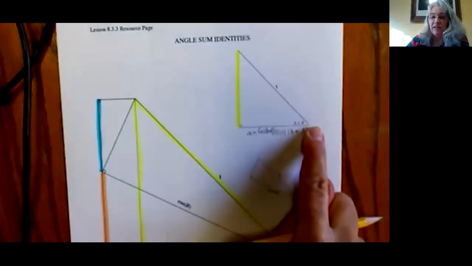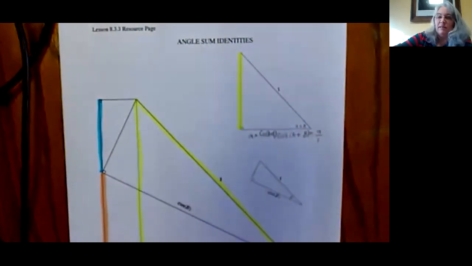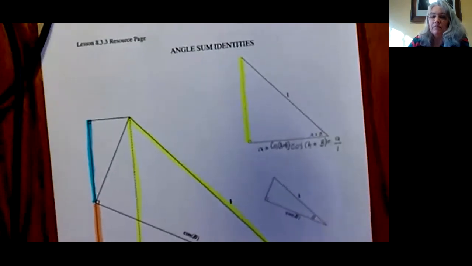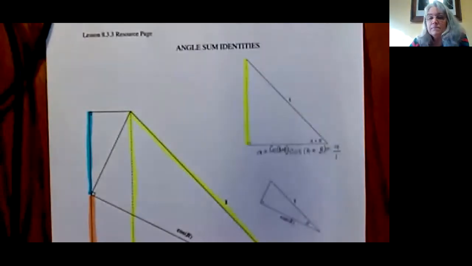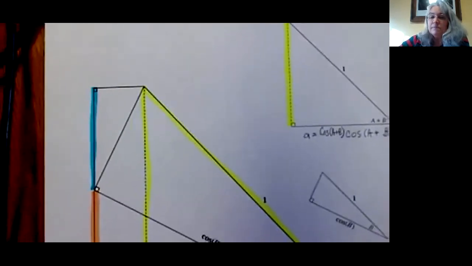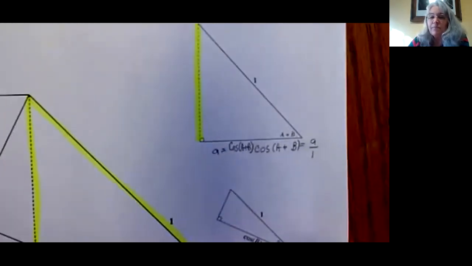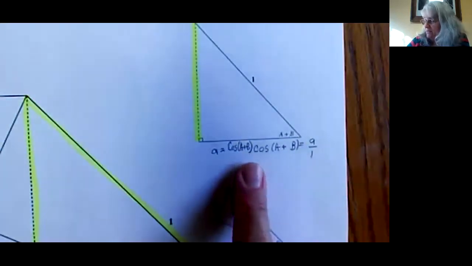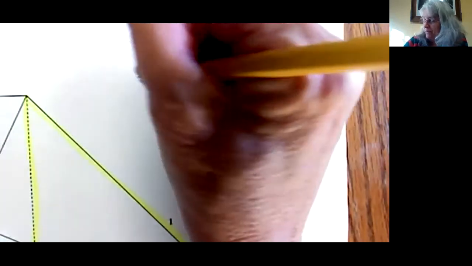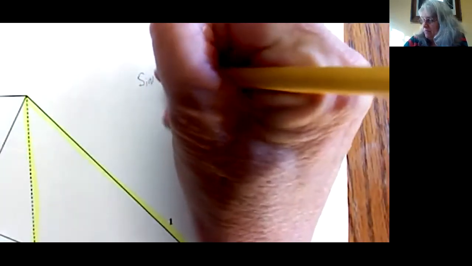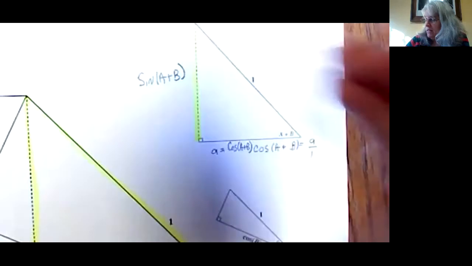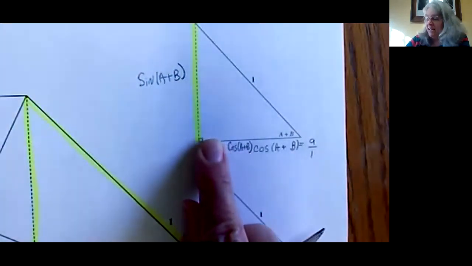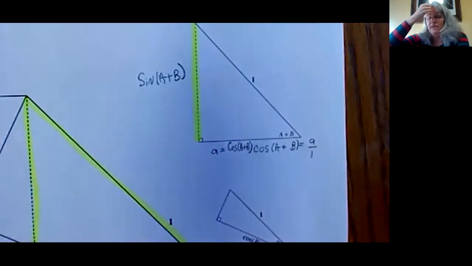So this side length right here. This sine length right here is going to end up being the sine of A plus B. Now, what we want to find is what the side length is with just A's and B's by themselves, not being added together.